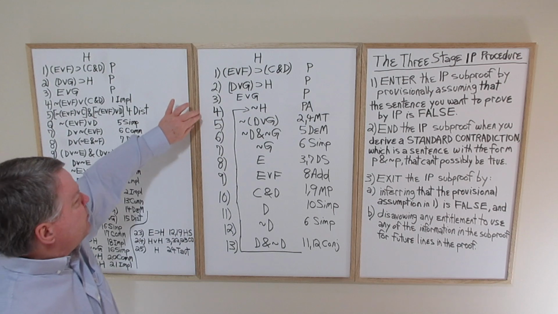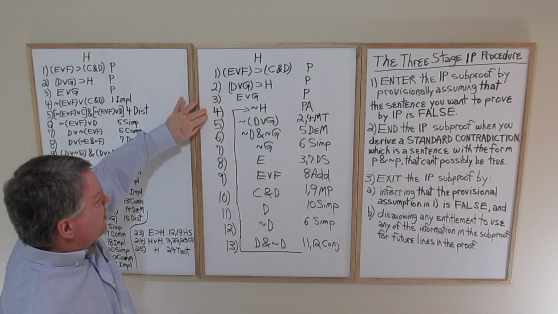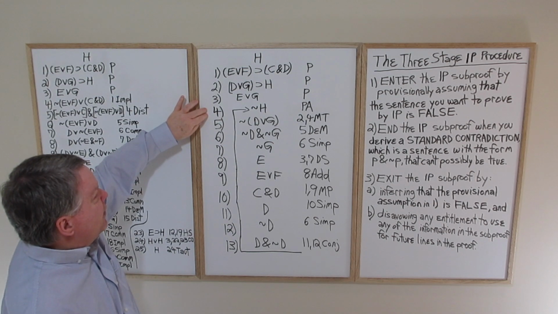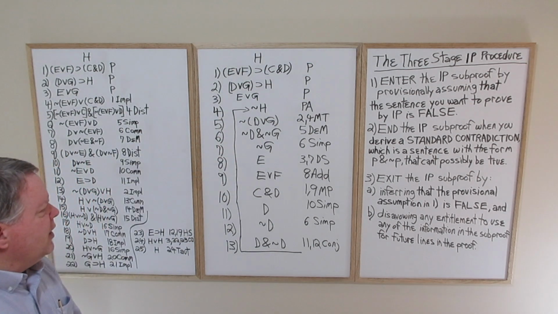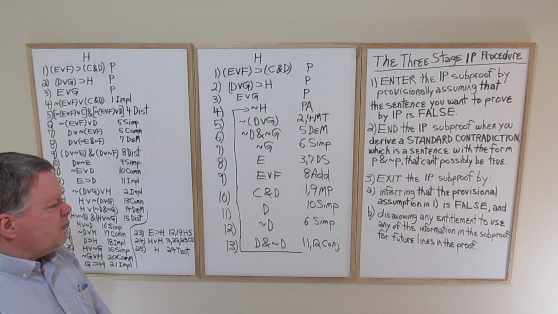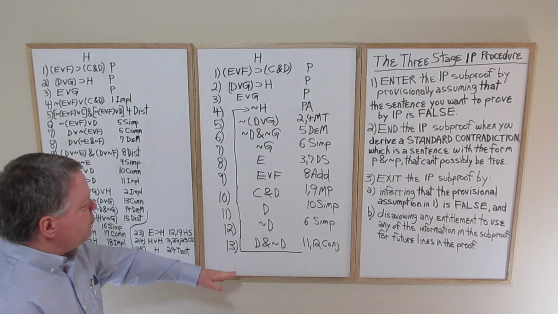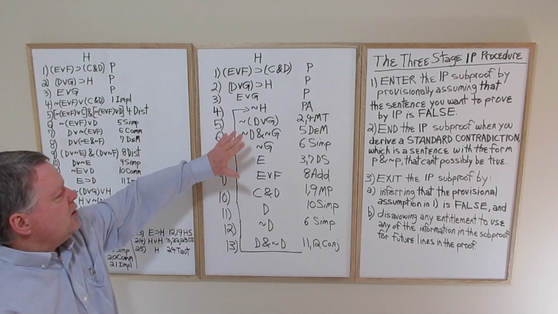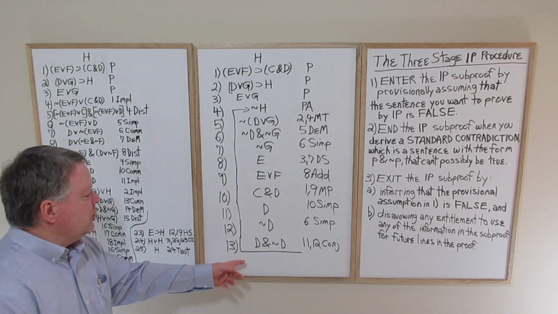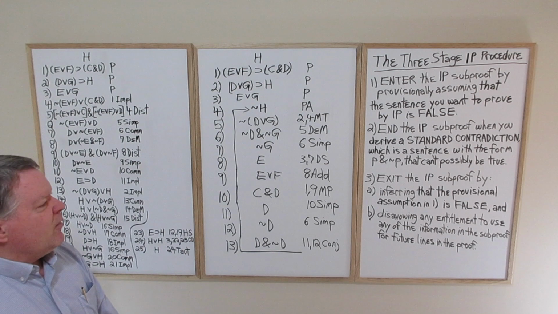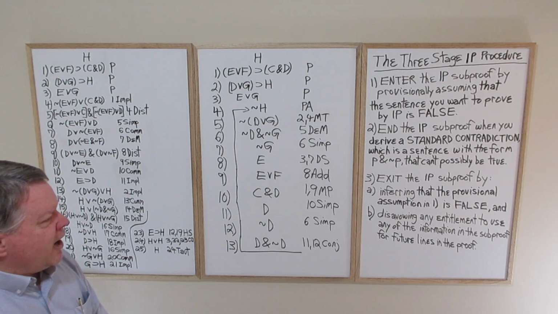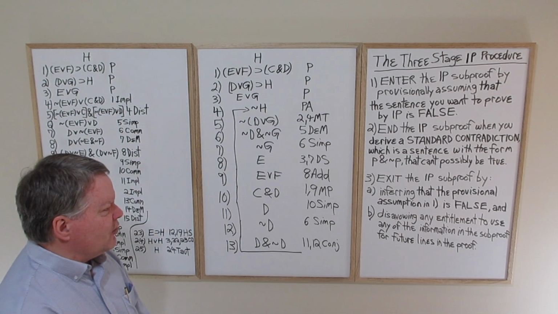Rather, we temporarily supplemented the information available to us by provisionally assuming that the conclusion we're after is false, and then we made a number of inferences. When we exit the subproof, all of the information that's cordoned off by the scope lines will be evermore out of bounds.